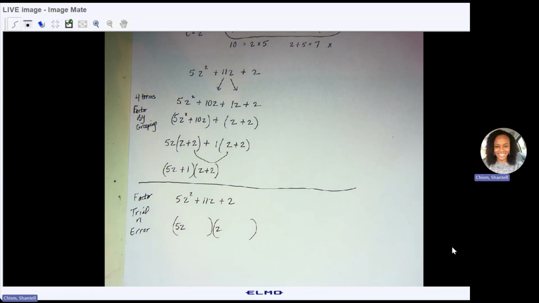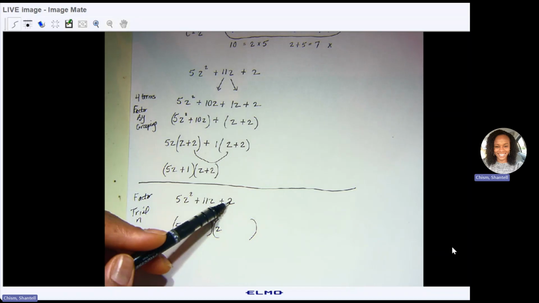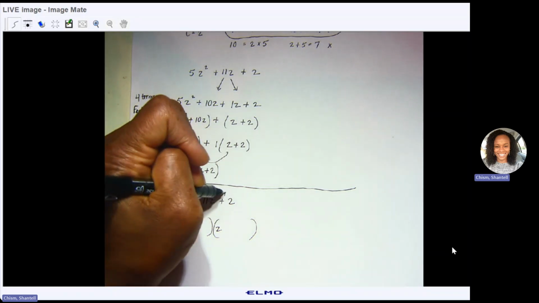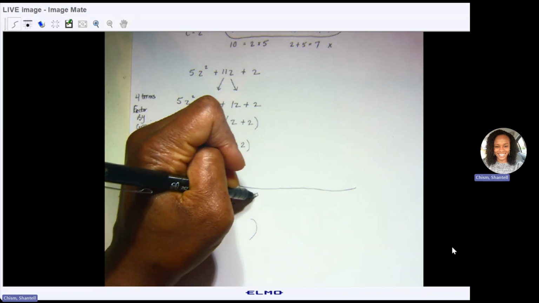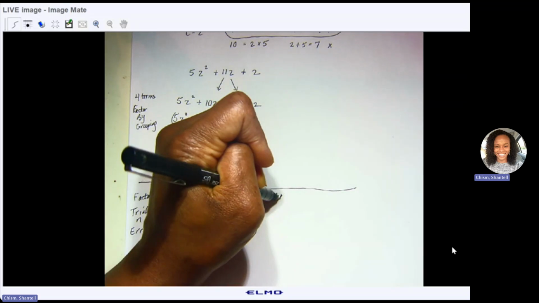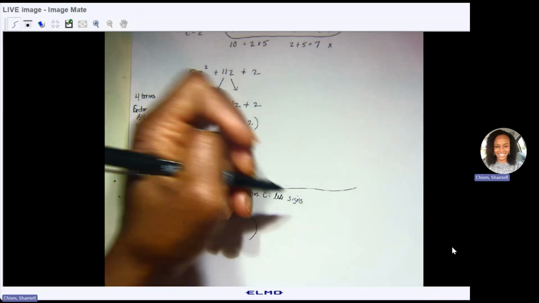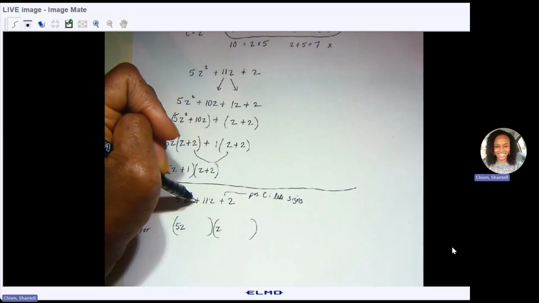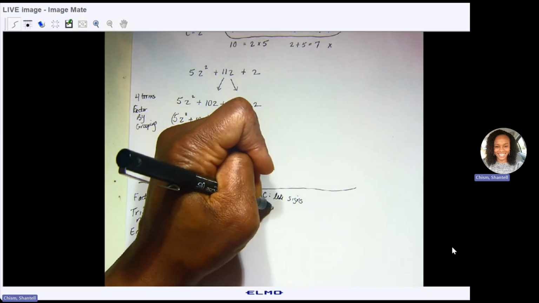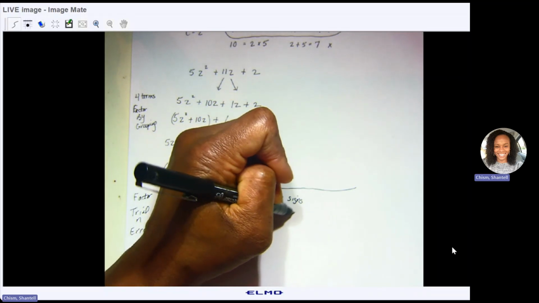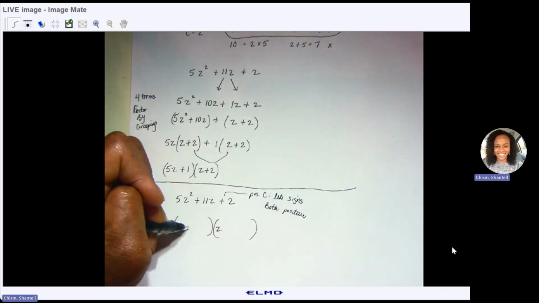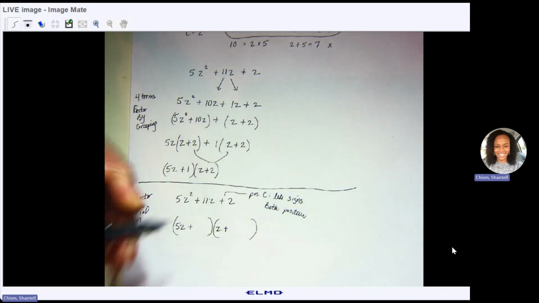If they're not the same, I wait to place them and I put the numbers in first. So this is a positive C term, which means I have like signs. Like signs, the middle term is positive, so they're both positive. So because they're both positive, we can go ahead and put them in. It does not matter where they go.